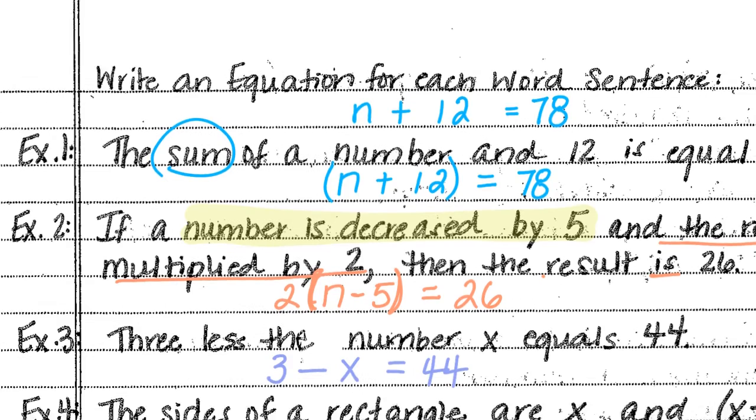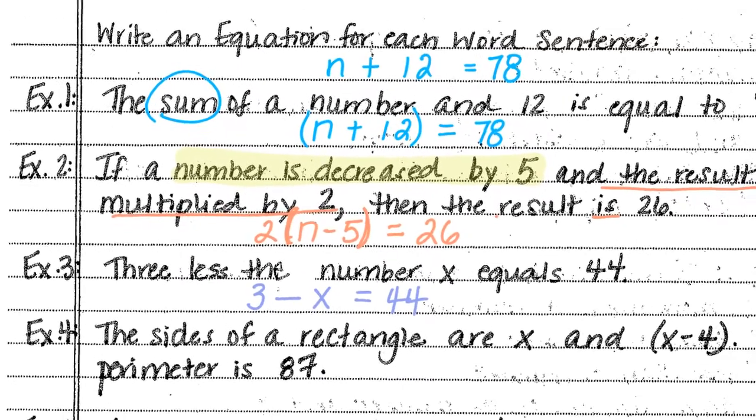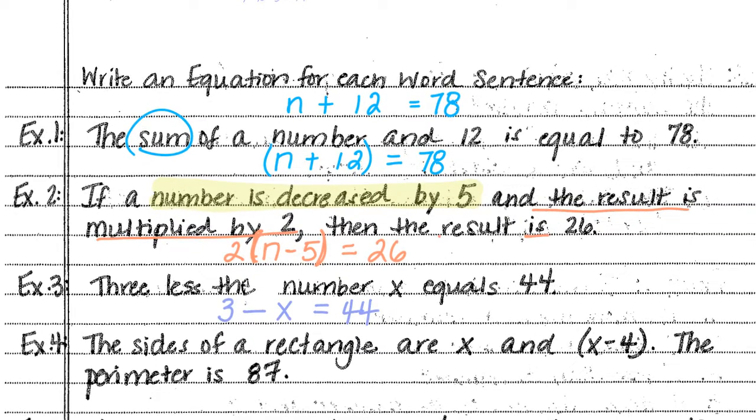All right, moving on. The sides of a rectangle are x and x minus 4. The perimeter is 87. I'm a visual learner, so the first thing I'm going to do is draw a rectangle. Now, if I have to find the perimeter, do you guys know how to find a perimeter?